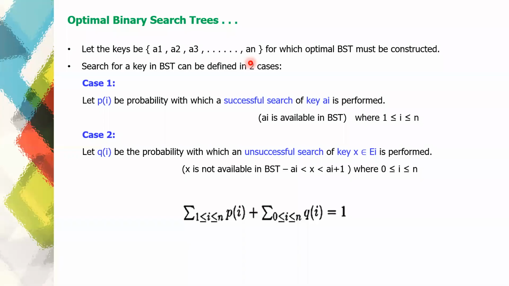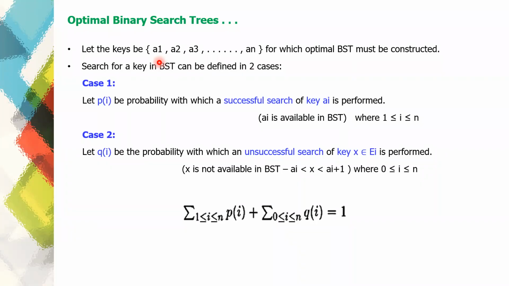So that will be the cost for searching key A1, the cost for searching A2, the cost for searching A3, and so on up to the cost for searching the key AN. You are going to find out the cost for searching each key value in the BST.